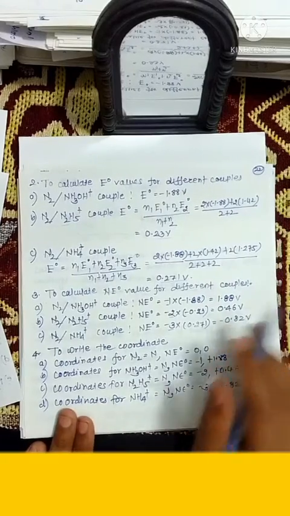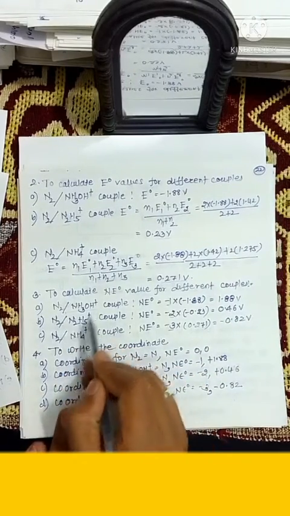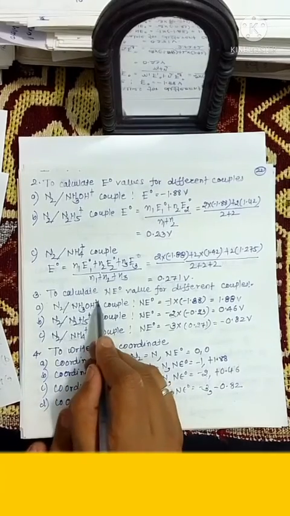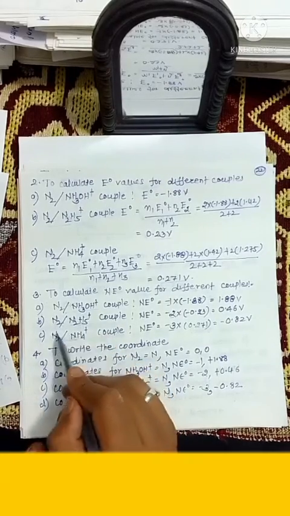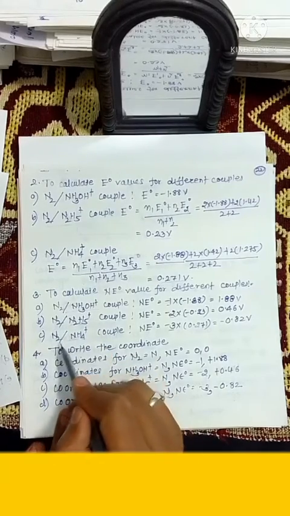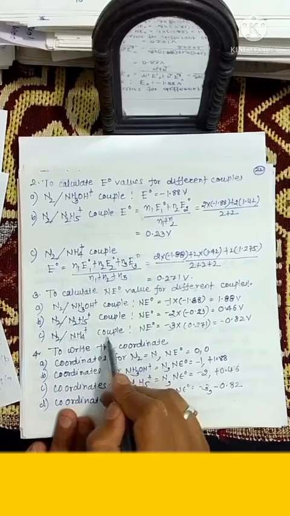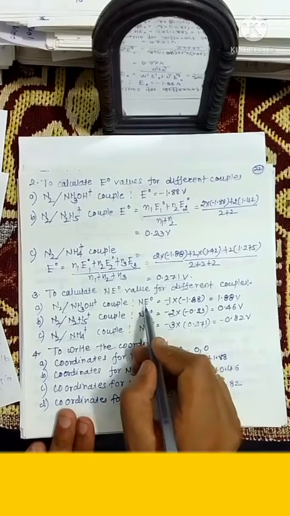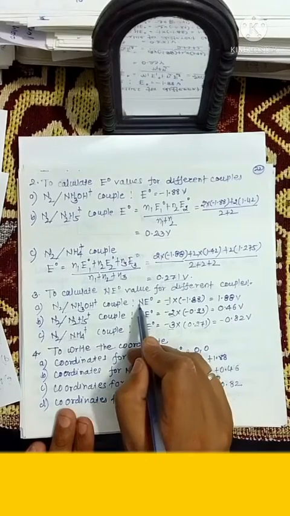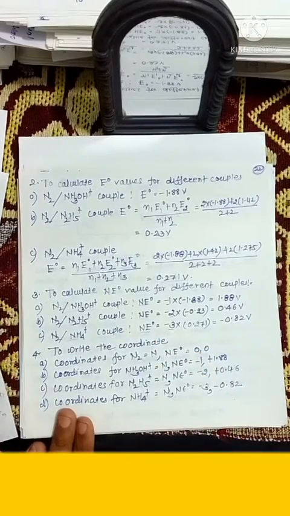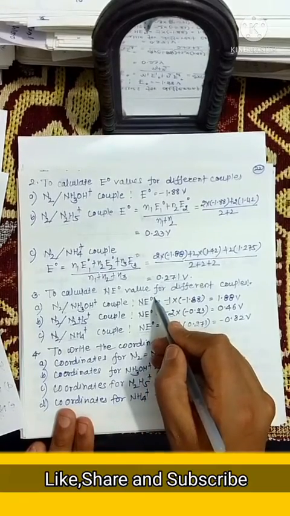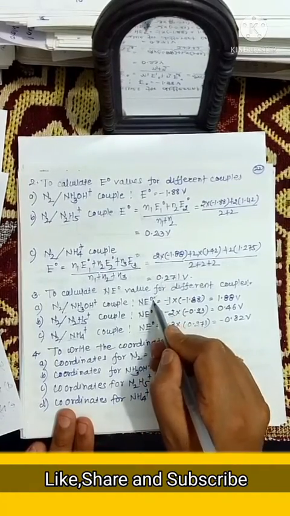Now once we have calculated all the couple values, the first couple is N2 to NH3OH plus, second is N2 to N2H5 plus couple, and the N2 to NH4 plus couple. Now we have to calculate the n E0 values. How is the n E0 value obtained? Simply multiply your E0 value for the couple.